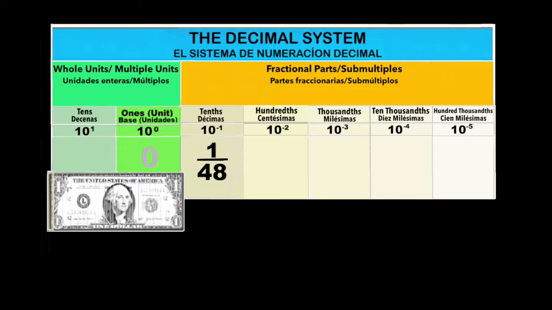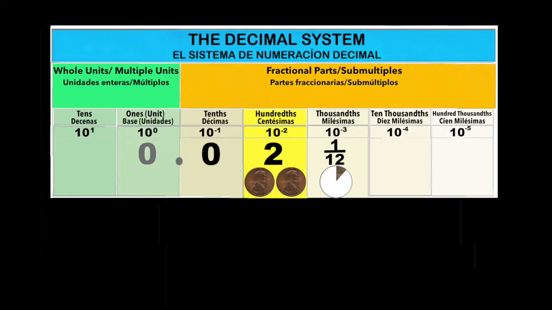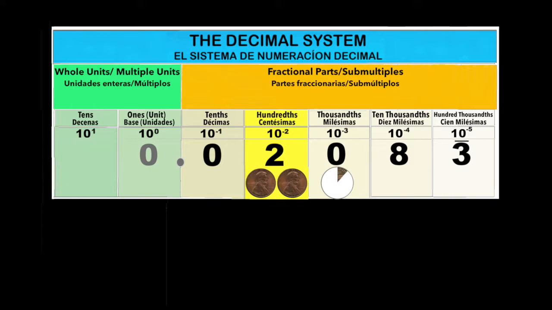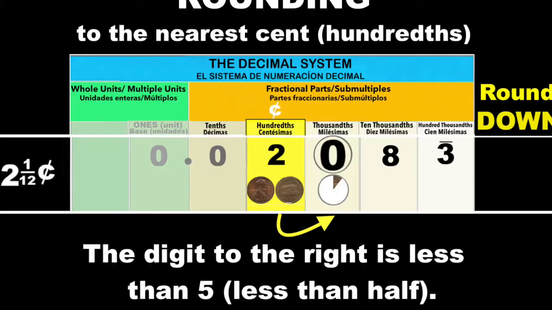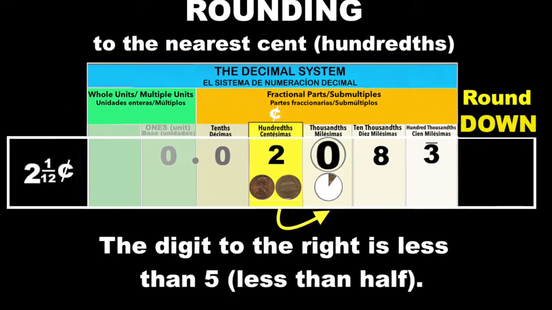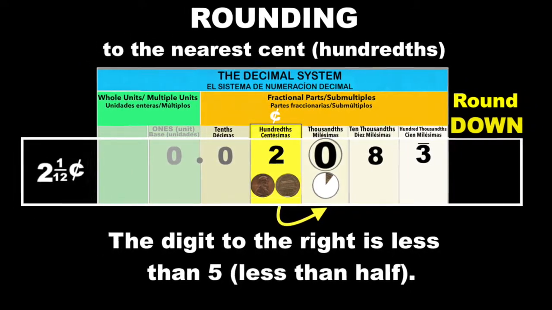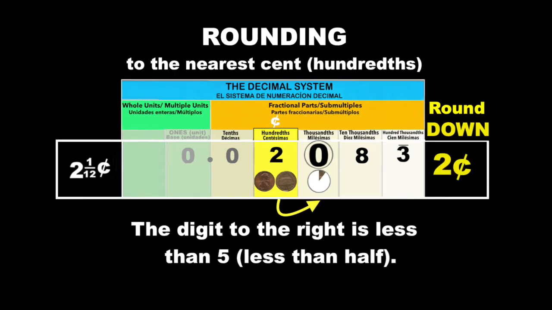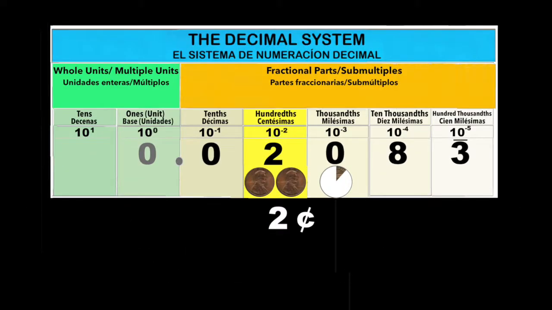One-48th of a dollar, 2 1/12 hundredths. Round down. The digit to the right of the hundredths place is less than 5 or less than half. You round down to 2 cents.